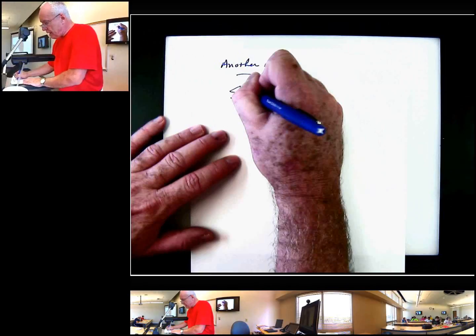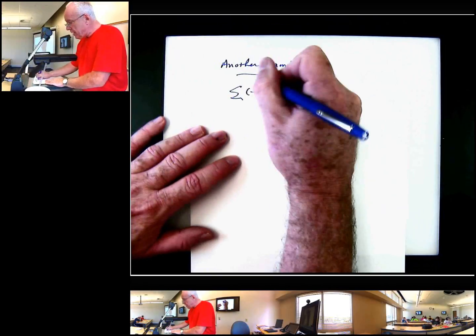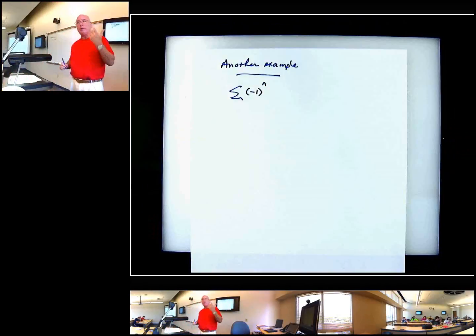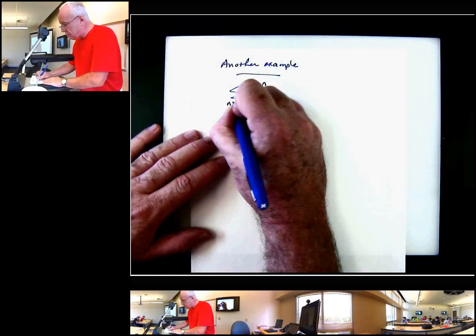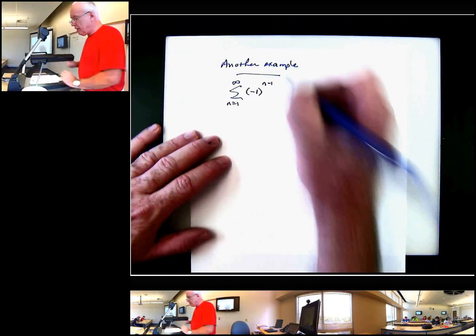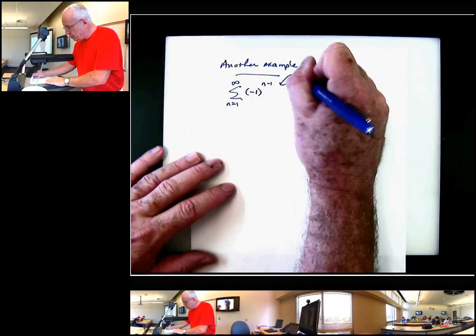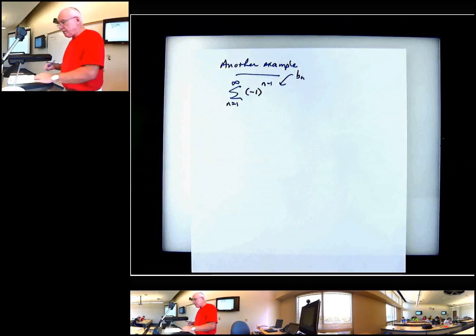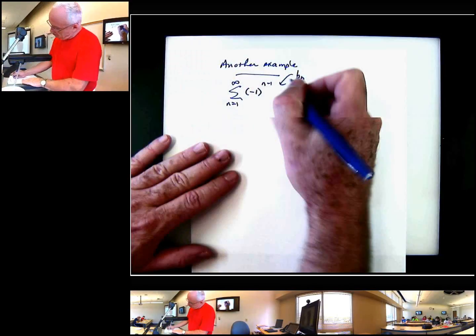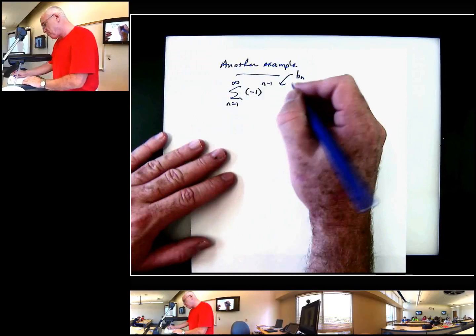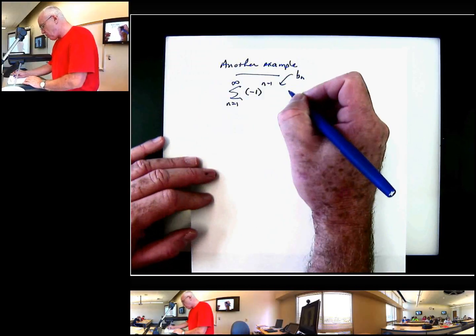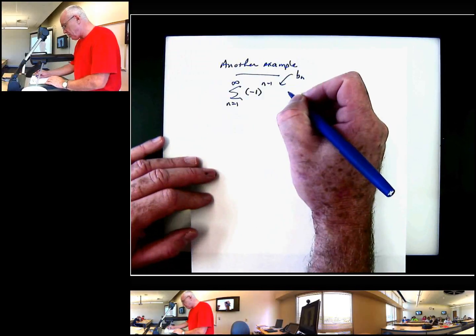Okay, let's have a summation. We always want to have this -1 to either the n or the n-1 power. That indicates an alternating sequence. Let me put n-1. And then we have to have our b sub n here.